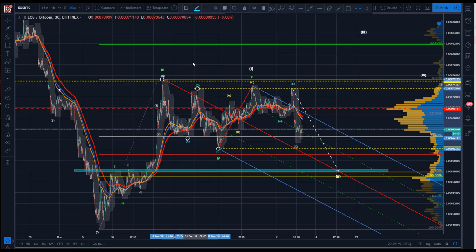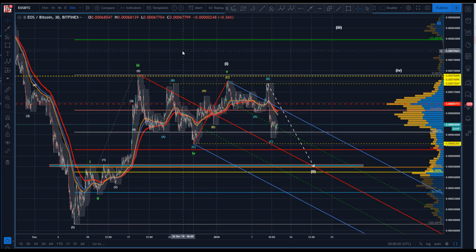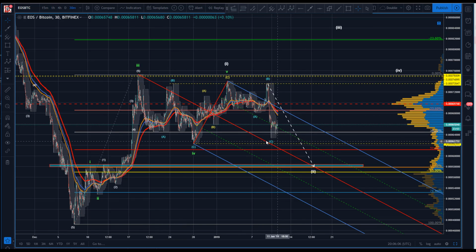You're acknowledging the very poor structure and symmetry. 1, 2, 3, 4, 5 completes the 1. So ABC coming down. So we need more. With the exception of the poor symmetry, if we break this, this is the next count I would go to, allowing for that poor symmetry here.